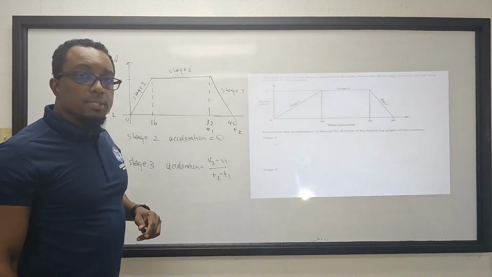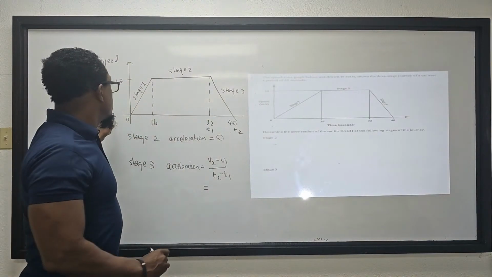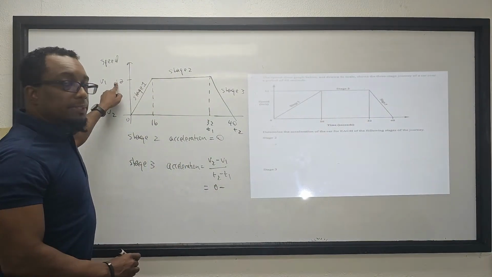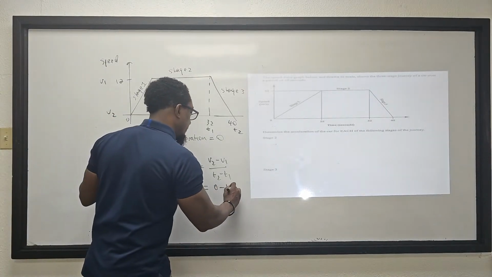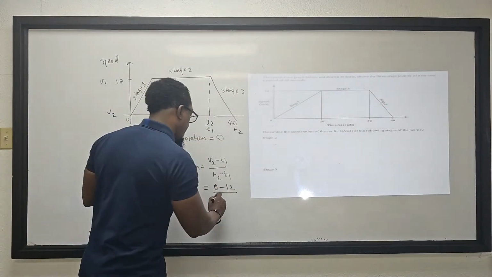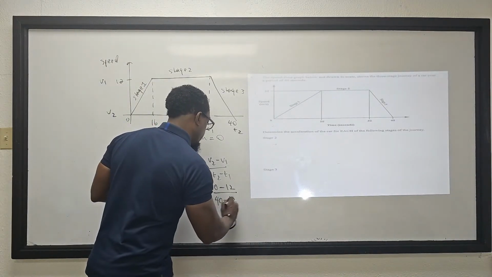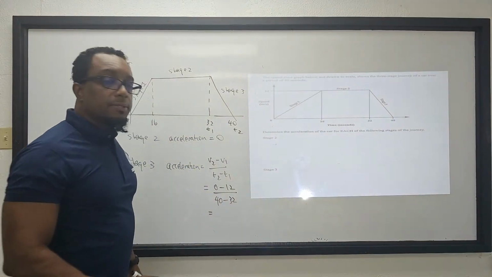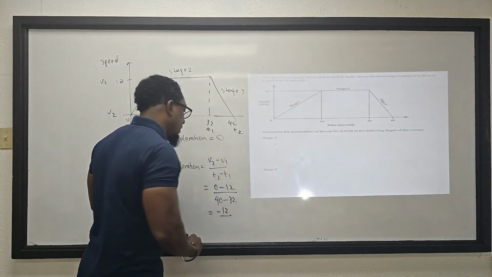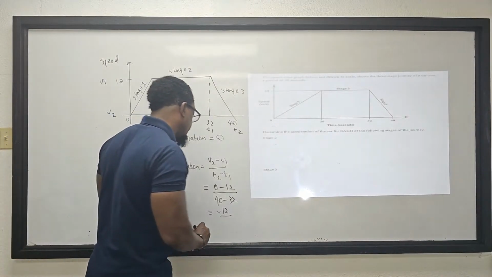So let's substitute into our formula. v2 is 0. Subtract v1, which is what? 12. Over t2, which is 40. Subtract t1, which is 32. So we get 0 minus 12 is negative 12. And 40 minus 32 will give us 8.